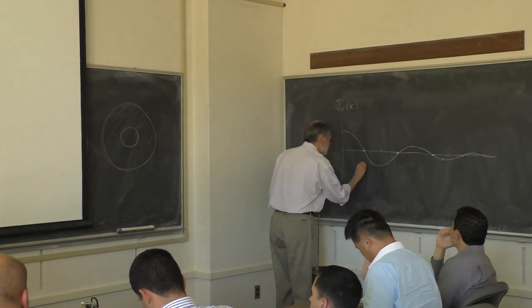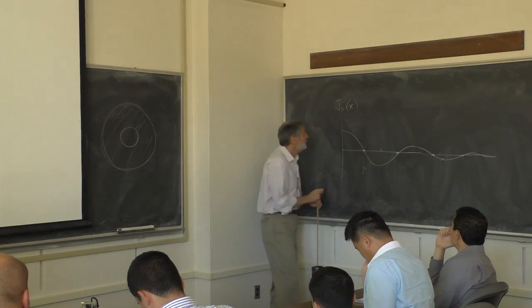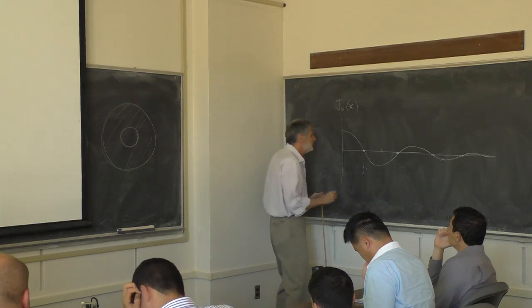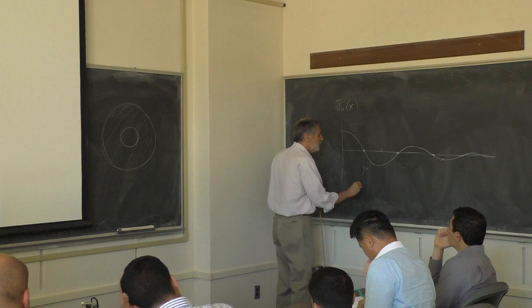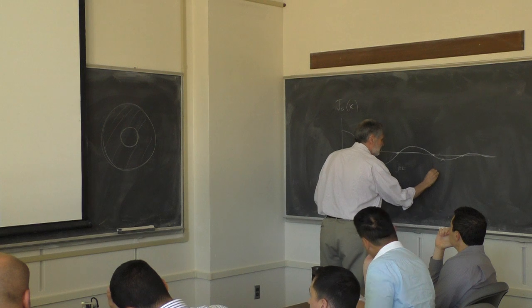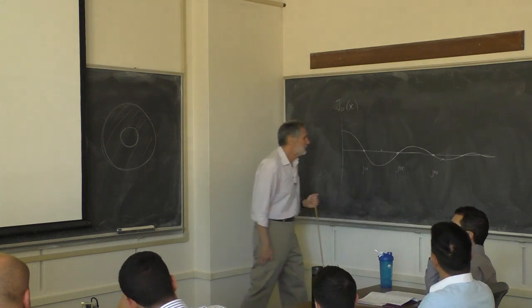We're dealing with m equals 0. So it's J0 of 1. This is J0 of 2. This is J0 of 3. Etc.